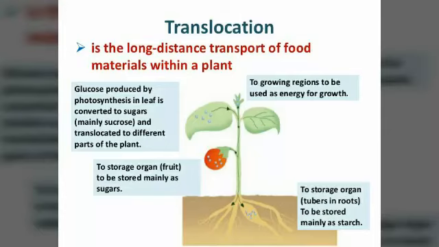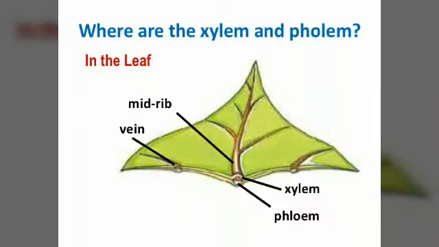Translocation is the long distance transport of food material within a plant. As you know, the roots have root nodes, and the roots help in storage of food.